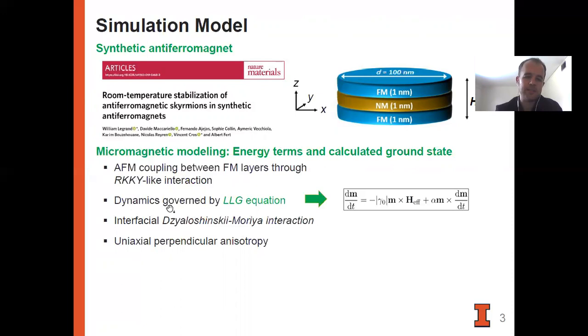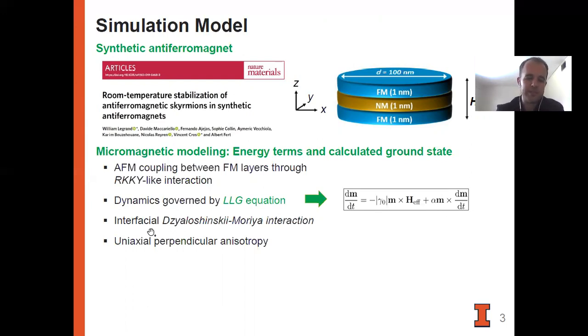So as I've mentioned, we have an antiferromagnetic coupling between these two ferromagnetic layers through this RKKY interaction. The dynamics is studied by the Landau-Lifshitz-Gilbert equation, where the time evolution of the magnetization is mainly given by these two terms. Here you have the precession term with the effective magnetic field, and this is the damping term with the damping parameter alpha.